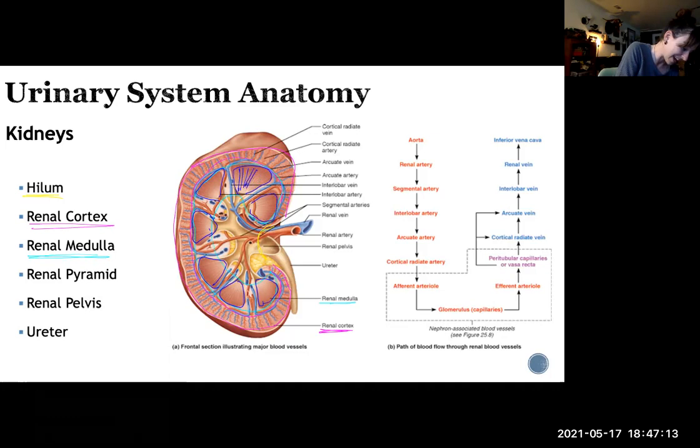We have these lines. That's actually really important. It's more squiggly in the cortex and more lined in the medulla, namely in the renal pyramids, which I'm wondering if these are labeled here.